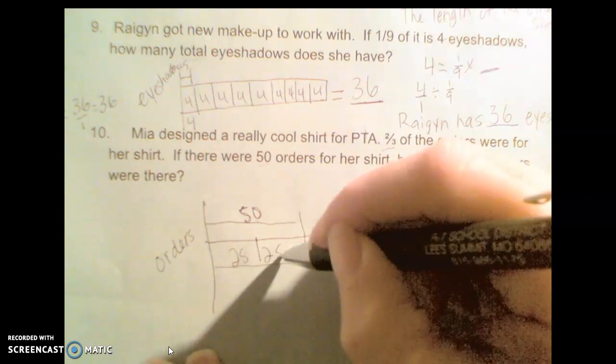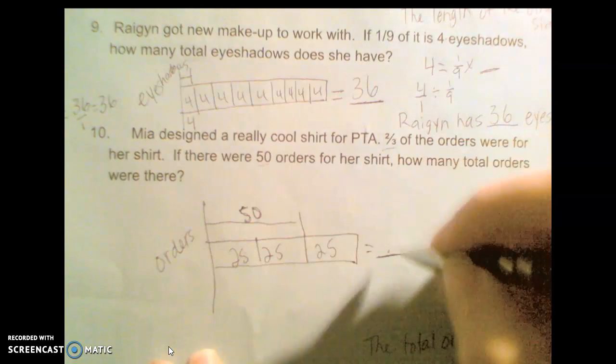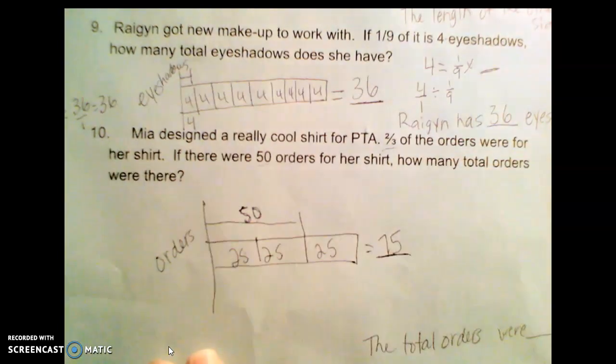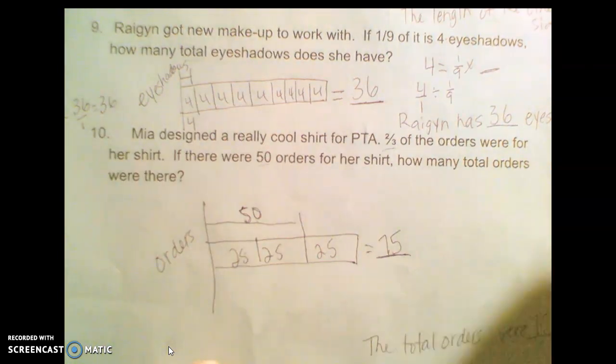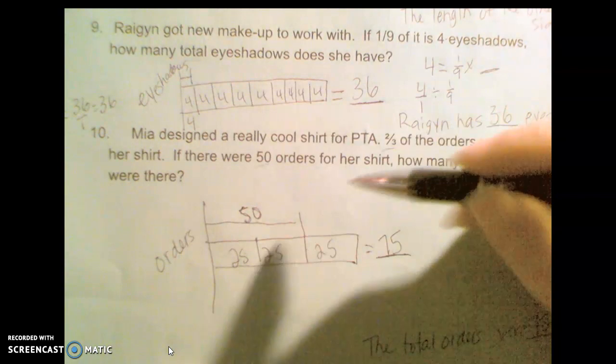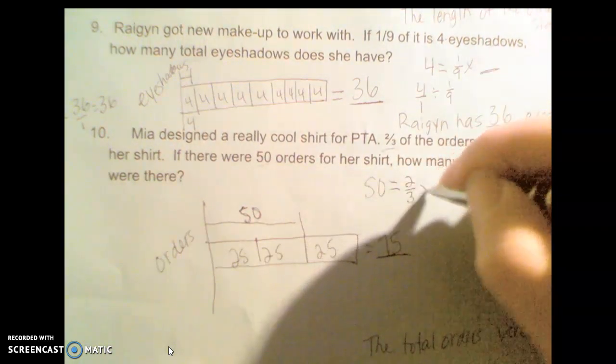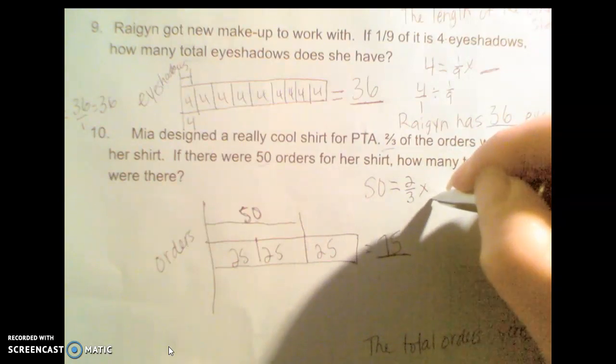If there's 25 in each of those boxes, that means there's 25 here. So how many total? 75 total orders.